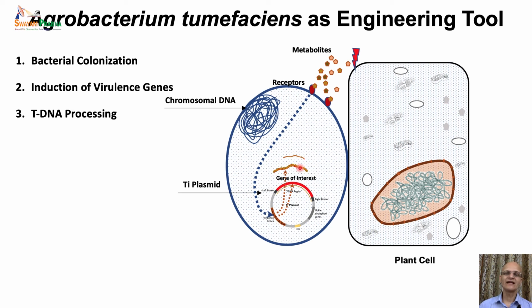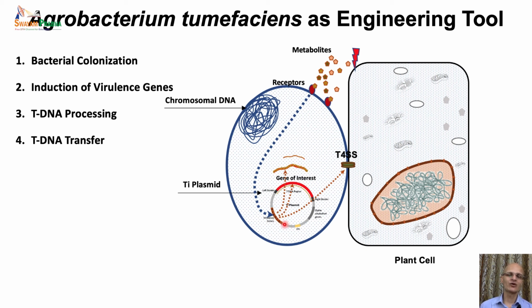And while the T-DNA is being prepared and packaged, the VirB protein creates a communication channel that connects the bacterial cell to the plant cell. This communication channel is created by several proteins encoded from the VirB operon.